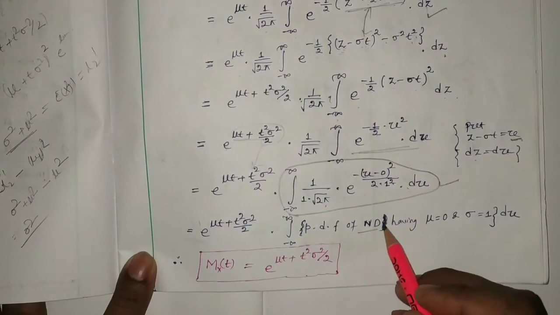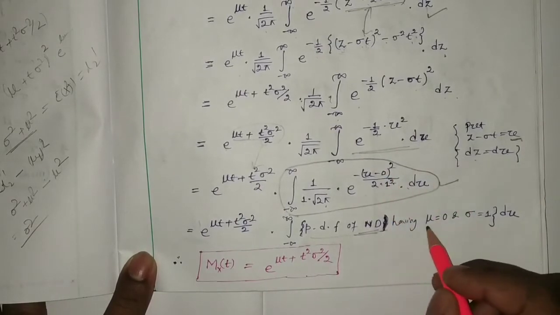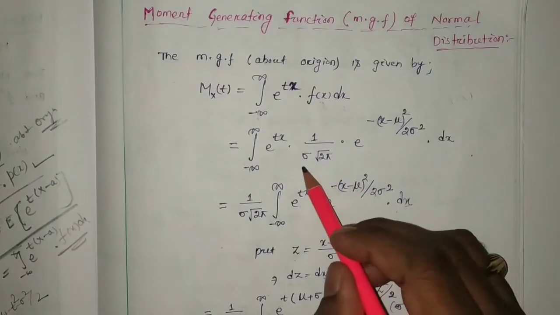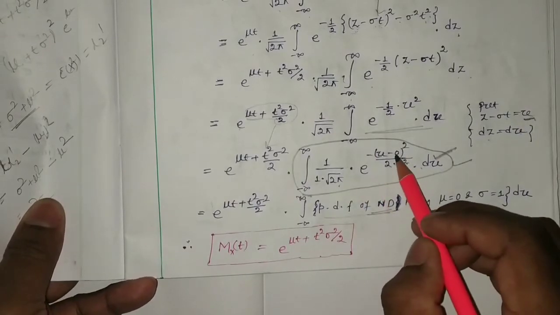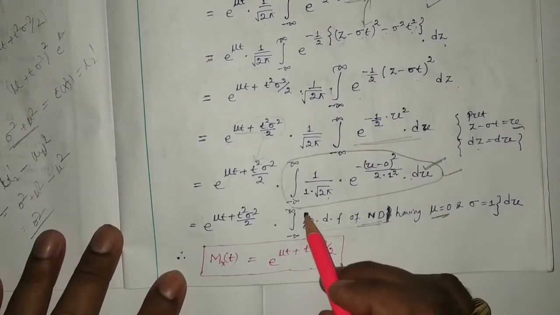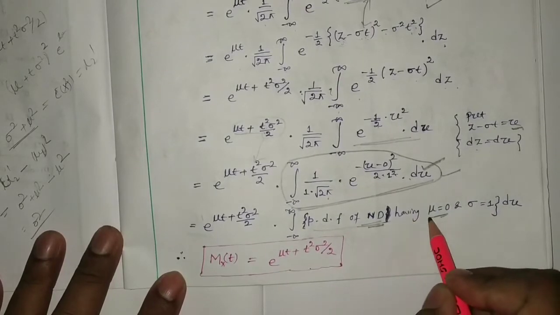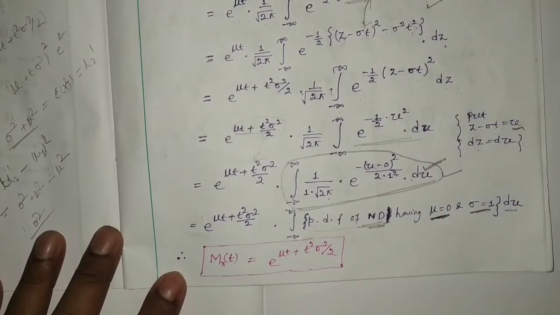So this expression is nothing but the PDF of a normal distribution. Compare this expression with the general PDF of a normal distribution: here sigma is 1 and mu, or expectation value, is 0. So this is the PDF of the normal distribution having mu equal to 0 and sigma equal to 1, into du.